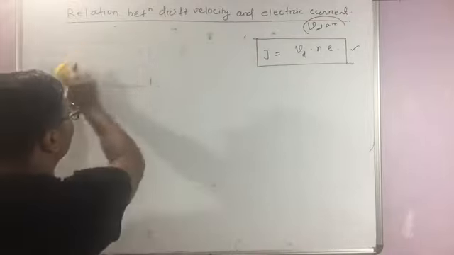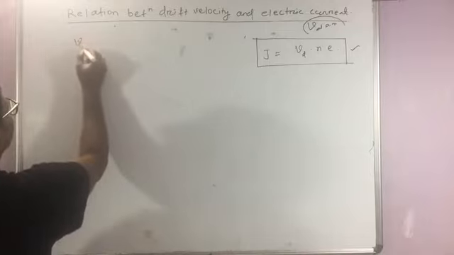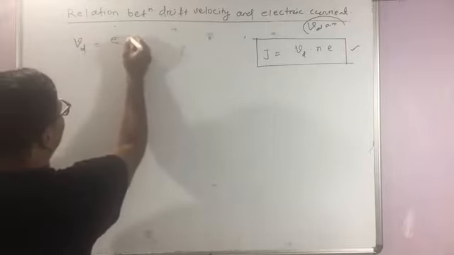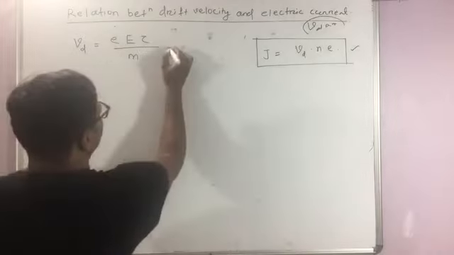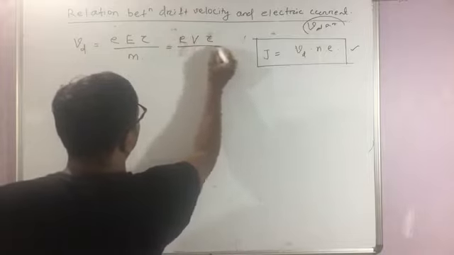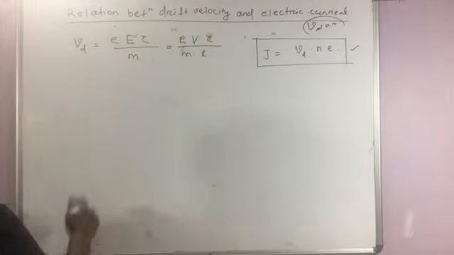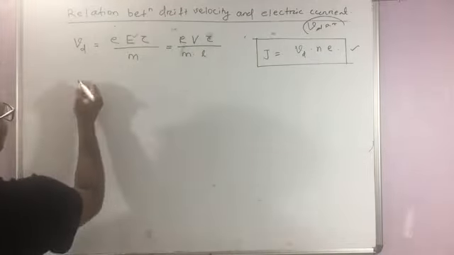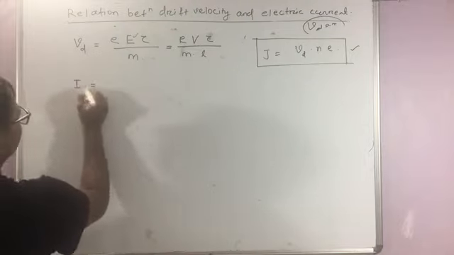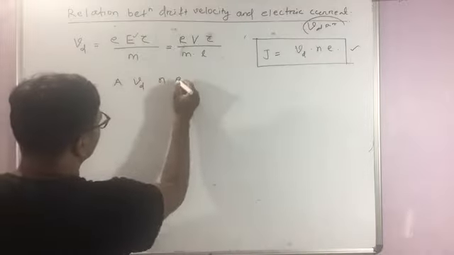We can derive Ohm's law here. We know Vd is given by e tau by m into E, and the other form is eV tau by m into L, where E is V by L. Now the second point we know, I is equal to A into Vd into n into e.